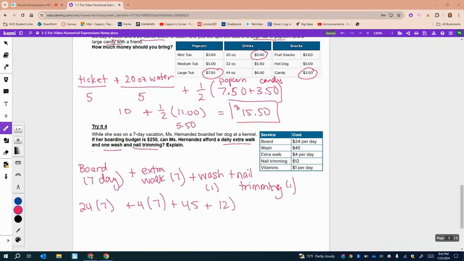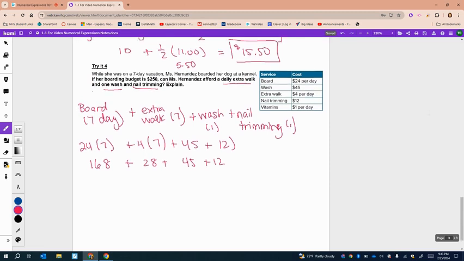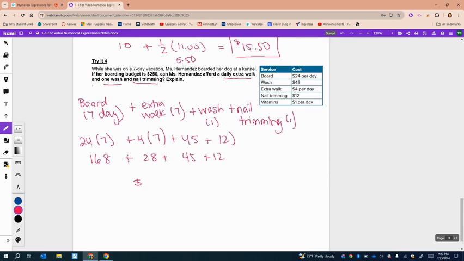All right, so when I multiply that, that gives me 168 plus 28. Again, this is plus 45 plus 12. Now, when I add all of these together, that gives me $253. But I'm not done, right? I'm like, oh, that's great, $253, because that's not what the question says. The question doesn't say how much does it cost.